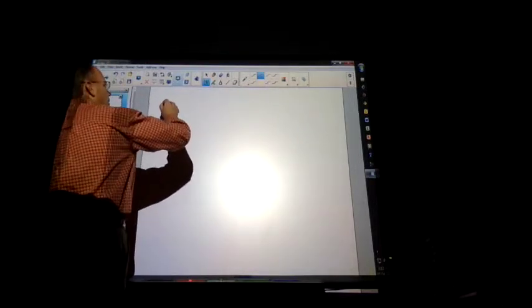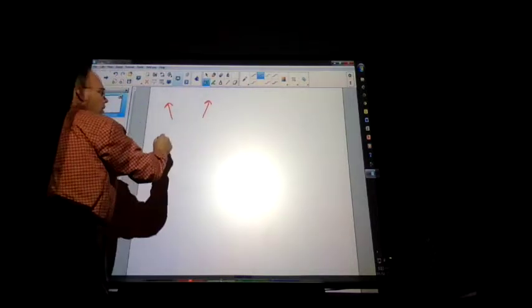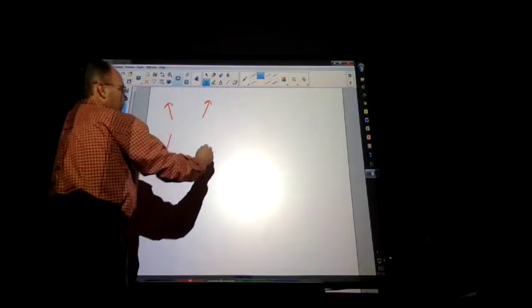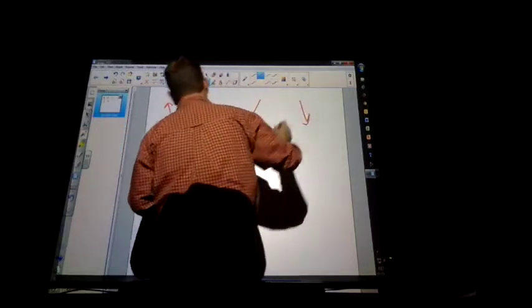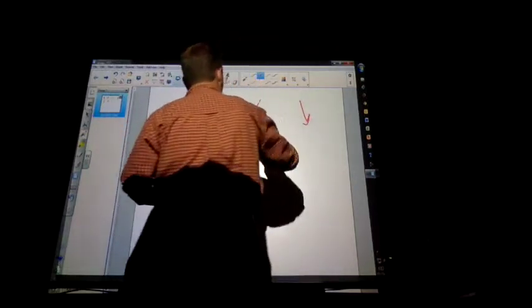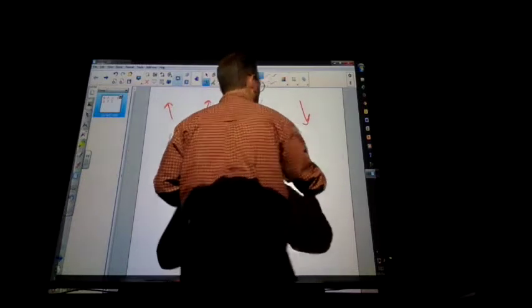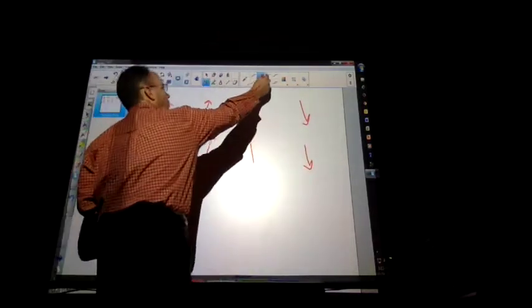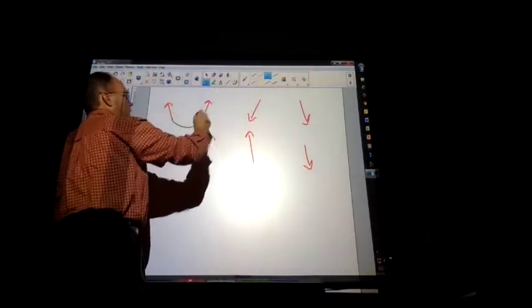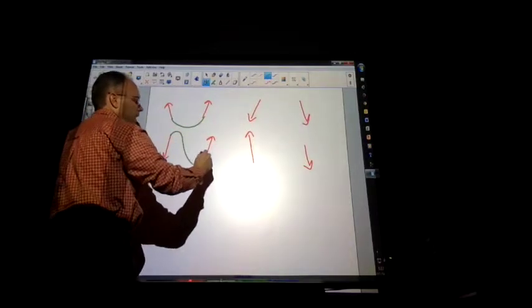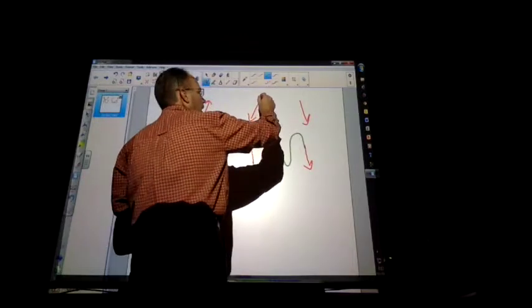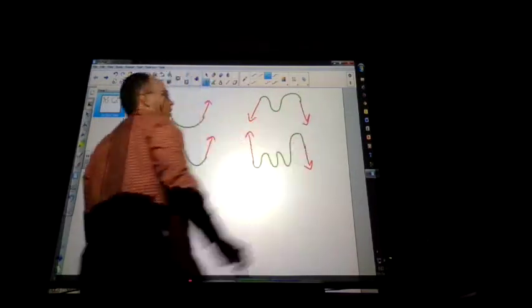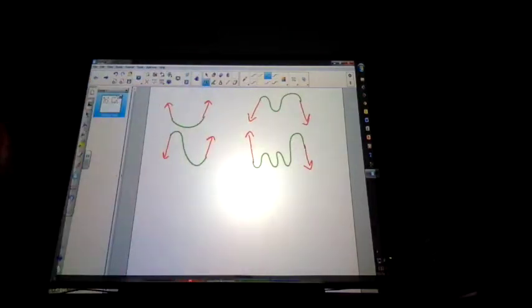So end behaviors really are just talking about what's going on with the graph. So any of these graphs could take place where it could be a part of a parabola, it could be something like this, it could have a whole bunch of this, it could do something like this. So the end behaviors really just talk about where is the graph going.